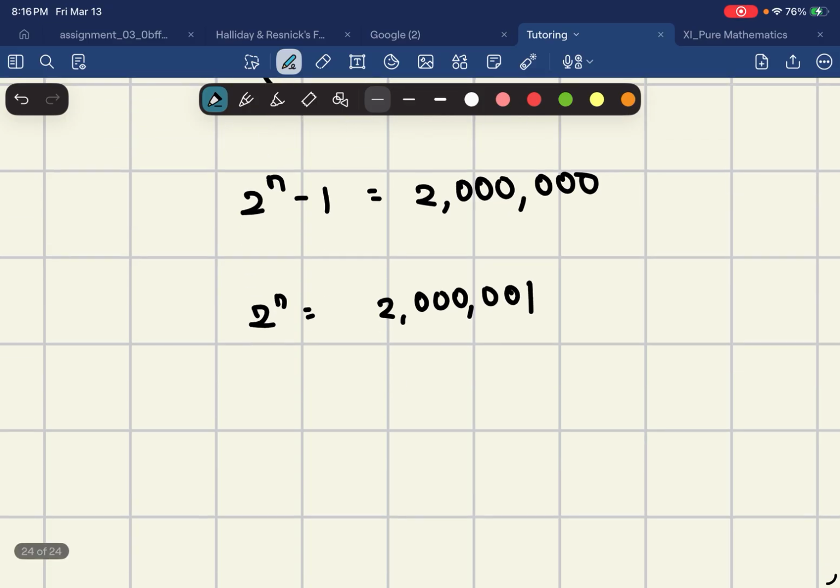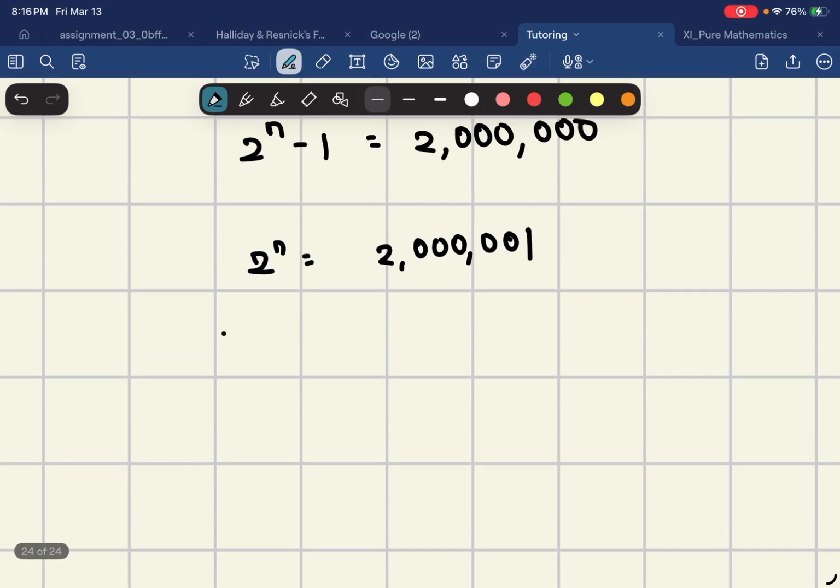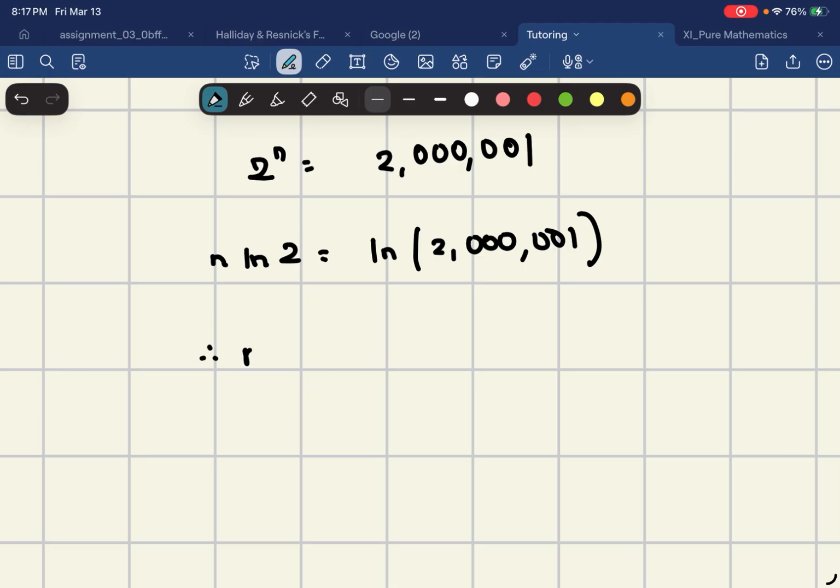And we are familiar with how to solve these questions. If I take the natural log of both sides, I get n ln 2 is equal to ln of 2 million and 1. And this is what we have been doing from the first chapter. So therefore, n is equal to ln of 2 million and 1 divided by ln 2.